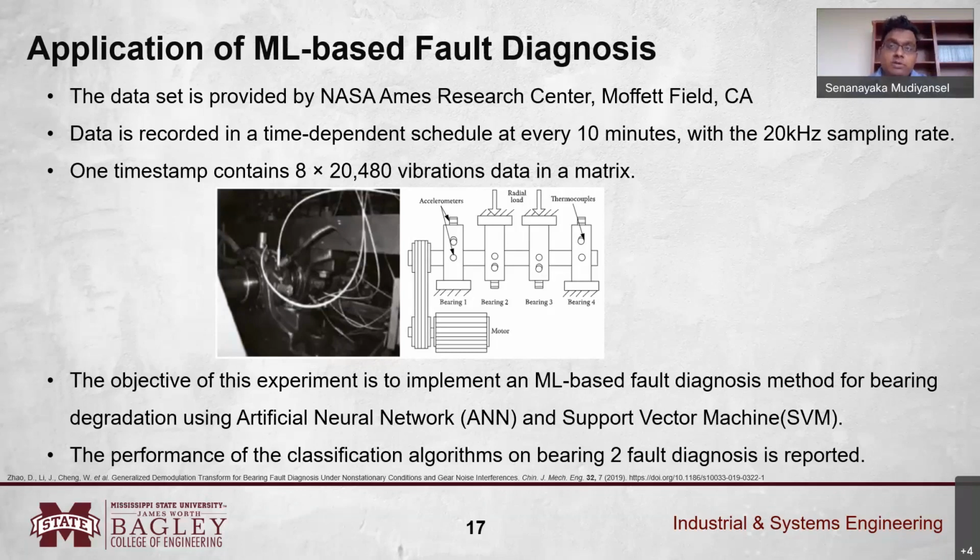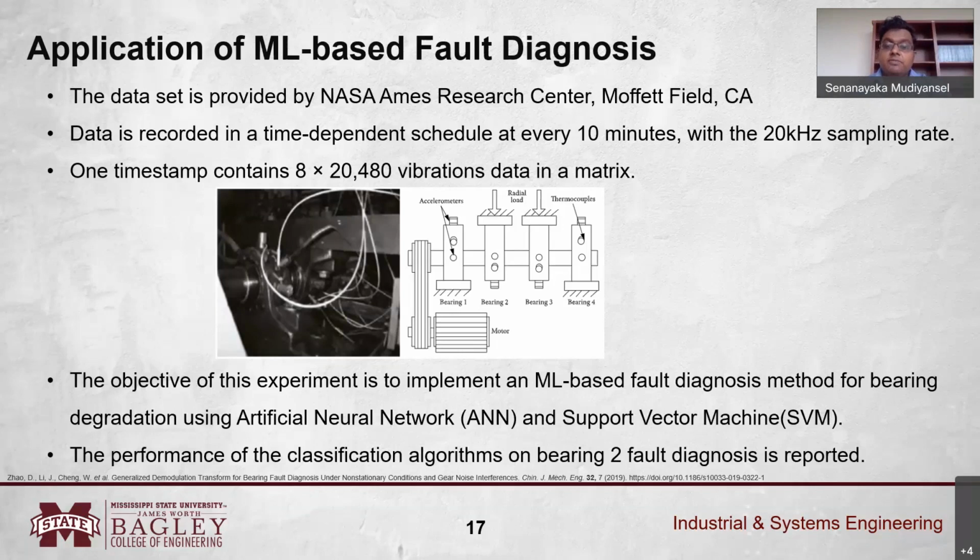As Abdullah explained, in the literature fault diagnosis can be divided into two categories: conventional machine learning based algorithms and deep learning algorithms. To show you what can be observed in the conventional and deep learning algorithms, we choose ANN and SVM.